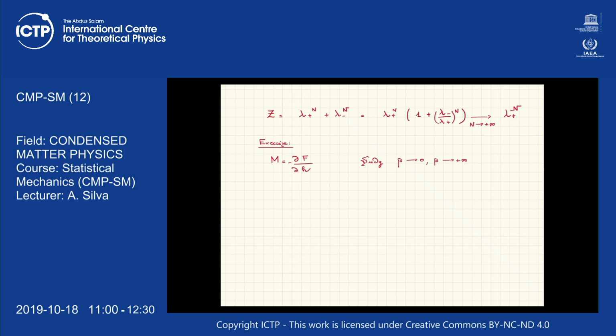Sorry, the question that Jesus asked about the degeneracy. Yes. Physically, the equation can be solved so that we can fine-tune the magnetic field, so the lambda plus and lambda minus will be the same. Because of the square. I think you can.